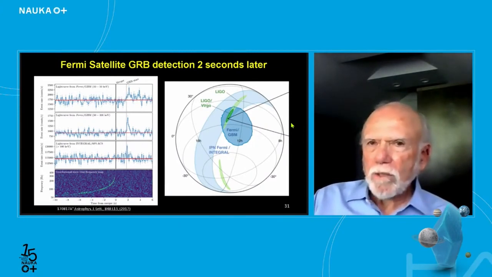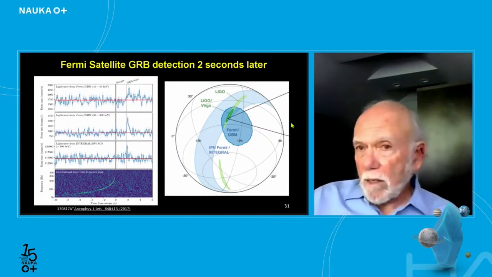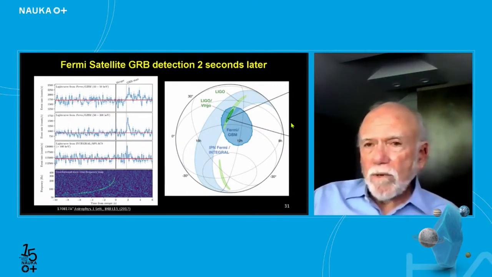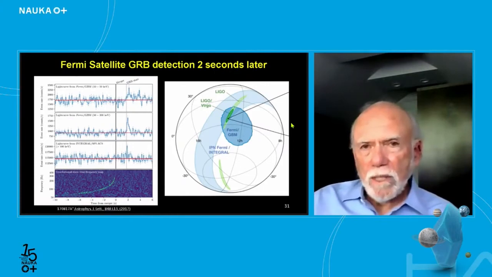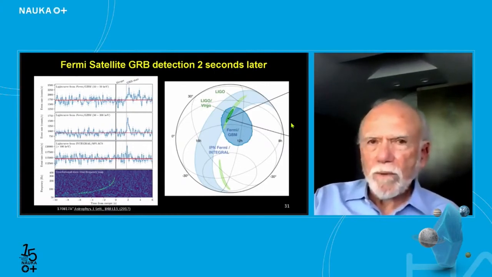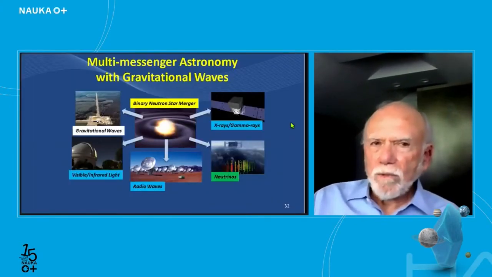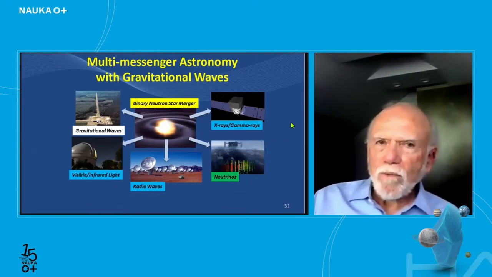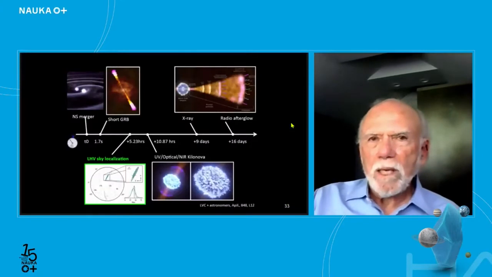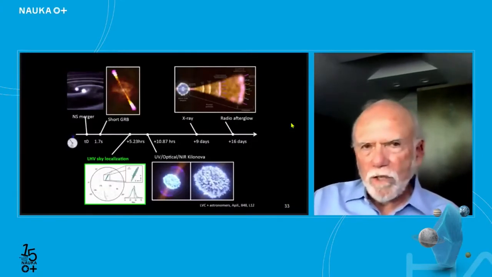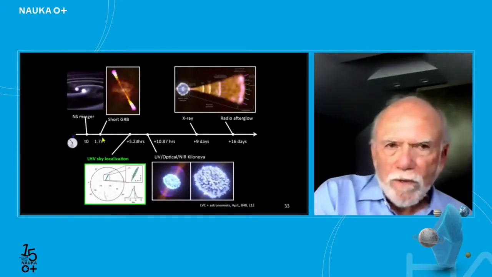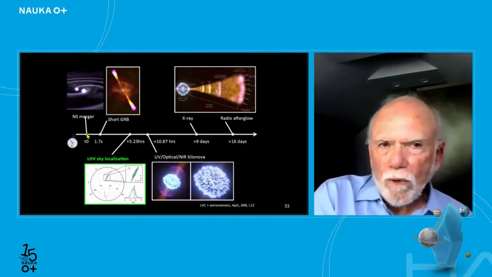It overlapped our picture. And then with that confidence, other astronomical instruments in the world joined in and looked in different frequencies. And that included the visible, radio waves, neutrinos, gamma rays, and so forth. And a big amount of information was obtained. First, if you look at the timeline, was ours, what we saw.